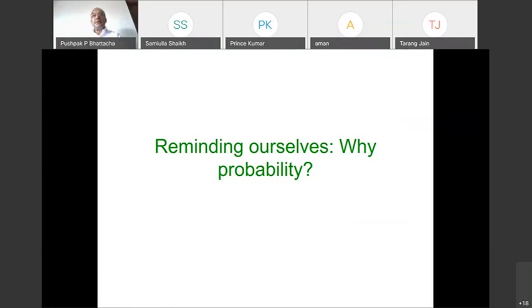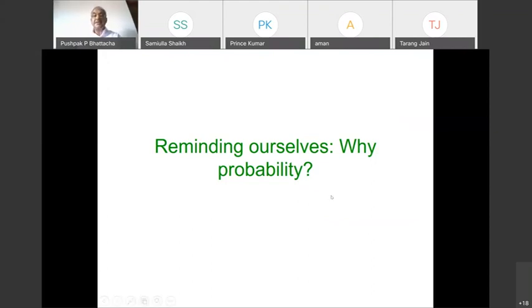So we go slow and do not leave anything unproven unless it is self-evident. We go towards absolutely fundamental questions and ask why something is true. So we started asking why probability. Why should we worry about probability while doing NLP, for example?